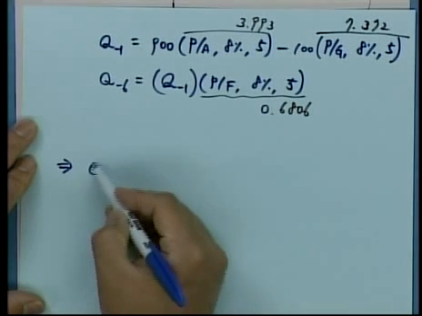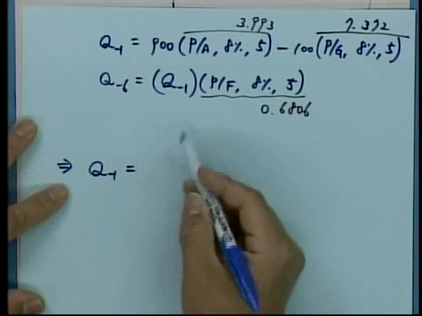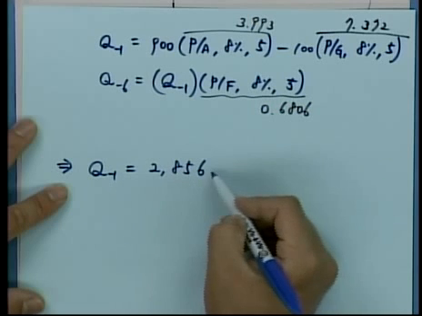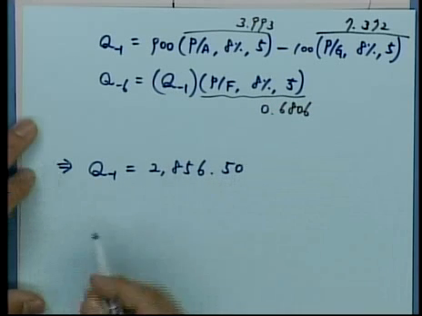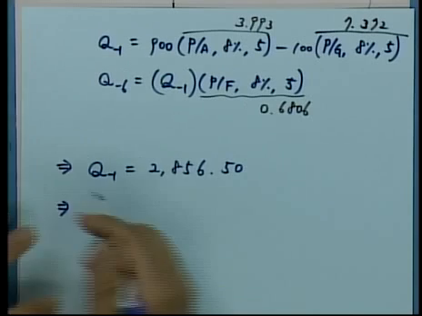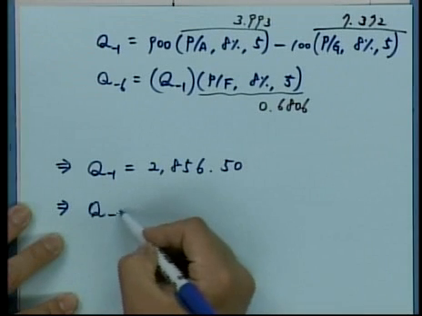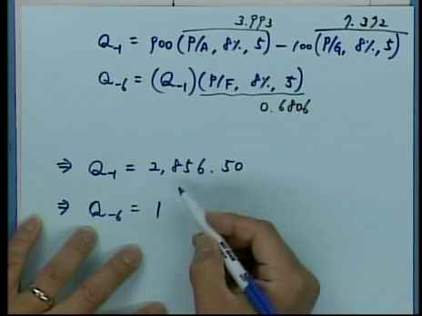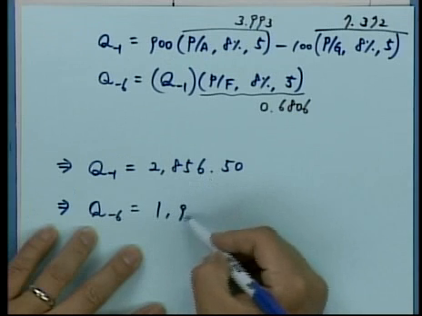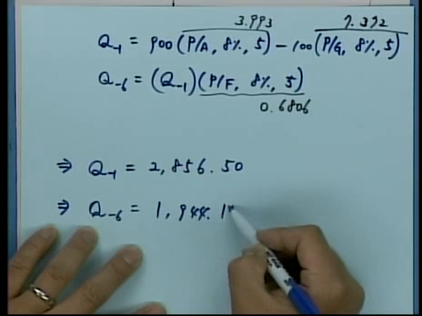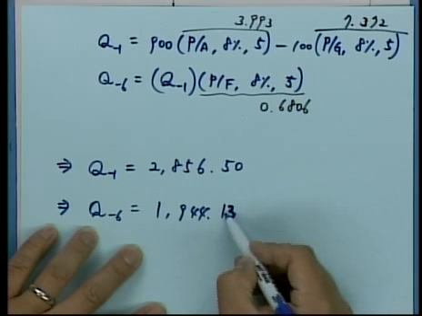So here Q sub negative 1 is $2,856.50. And Q sub negative 6 would be $1,944.13. Okay.